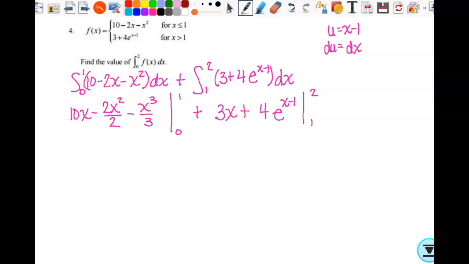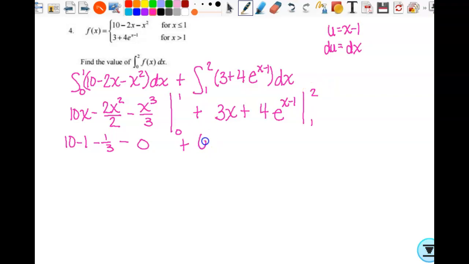We all good so far? So top minus bottom. So when I substitute a 1 in here, I'm going to get 10 minus 1 minus 1/3. Yes? Minus, when I substitute 0, all of these are going to 0 out, right? So it's just minus 0. Plus, then I substitute the top first, top minus bottom.